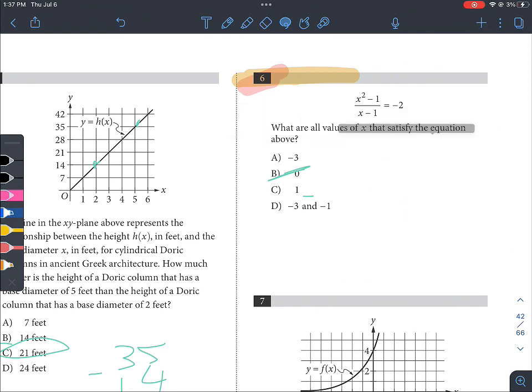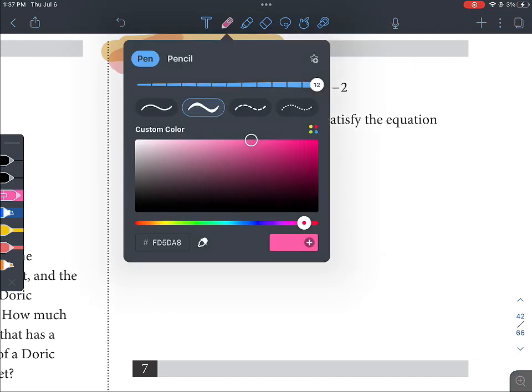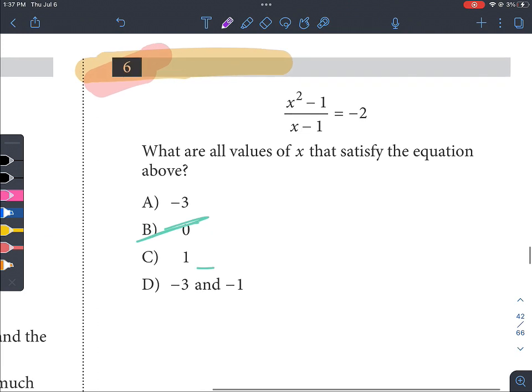What are all values that satisfy the equation above? So 0, I don't think 0 can satisfy it because 0 squared is just 0, minus 1, negative 1 over negative 1.